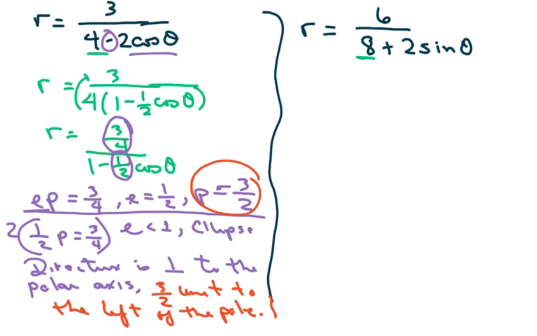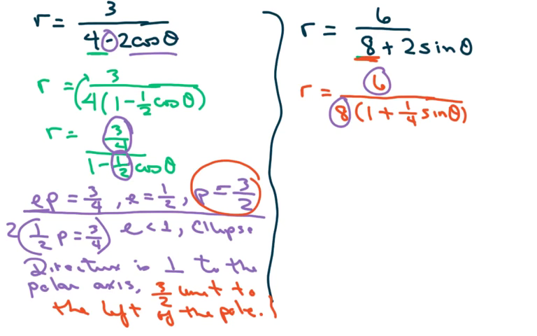The last one I'm going to rewrite as well. This is not 1, so I'm going to rewrite that as 6 over 8 times 1 plus 2 over 8, which is 1/4, sine of theta. Alright, now I can reduce this to 3/4. 6 over 8 is 3/4.